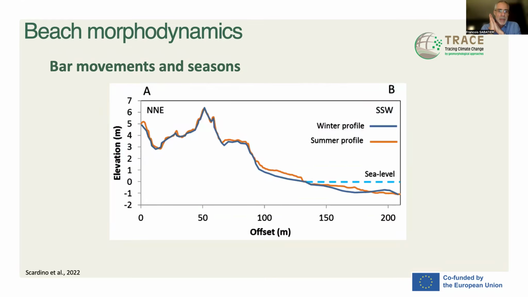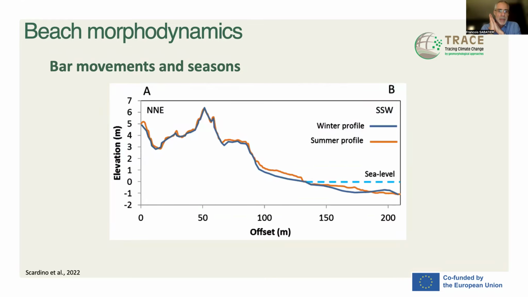In this figure, it is a profile along the Italian coast, and you see that the orange part represents the summer profile. And in the winter, you see that the beach is eroded because of the wave action, and the sand from this part is moving in the offshore direction.